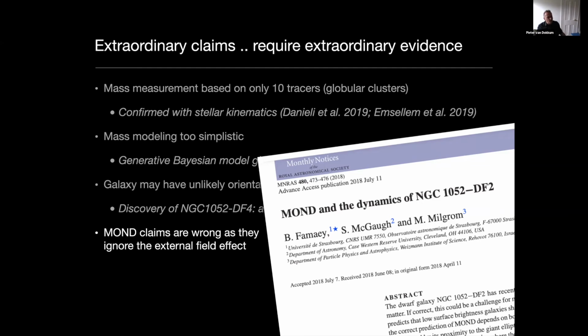And it sort of works for Milky Way satellites, though there's a big debate about that which I definitely don't want to go into. But they said, look, if DF2 and DF4 are very close to the massive elliptical, within about 300 kiloparsecs, then this external field effect will lower their dispersion.